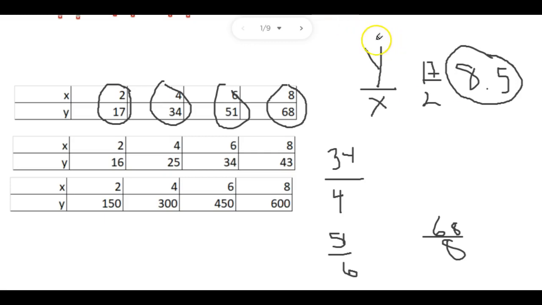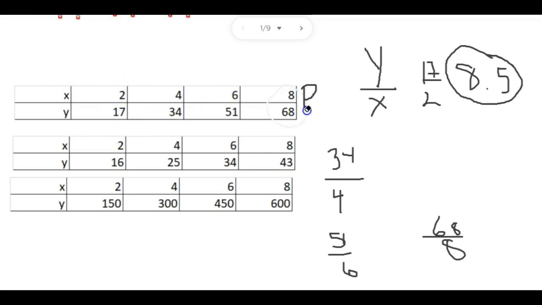Once again, how did I do it? I set up a ratio, y over x. If they all give me the exact same number, the exact same constant, consistently the same number, then it is a proportional relationship. And 8.5 is the constant of proportionality.